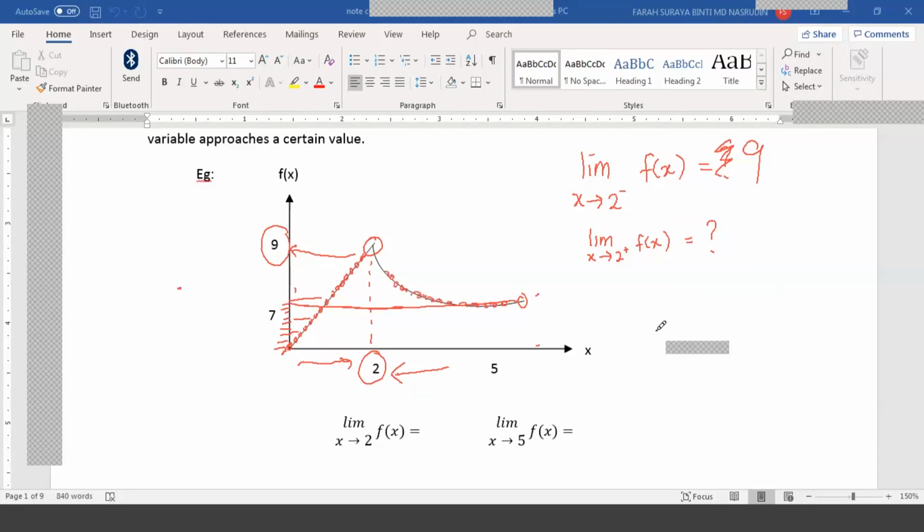Dia naik balik dan apabila nilai X dia menghampiri 2, nilai Y dia akan semakin menghampiri 9 juga. Okay, so kat sini jawapan dia pun 9. Okay, maksudnya konsep limit ni kita nak tengok apabila nilai X menghampiri sesuatu nombor, so nilai Y dia akan jadi menghampiri berapa. Okay? Faham tak?